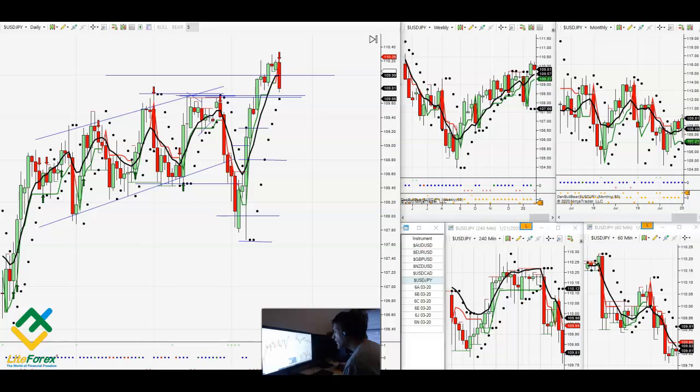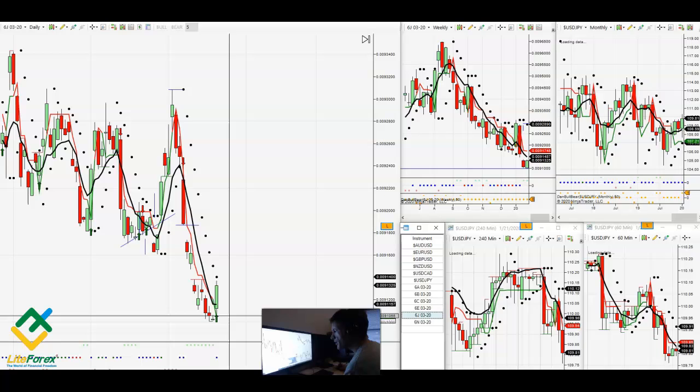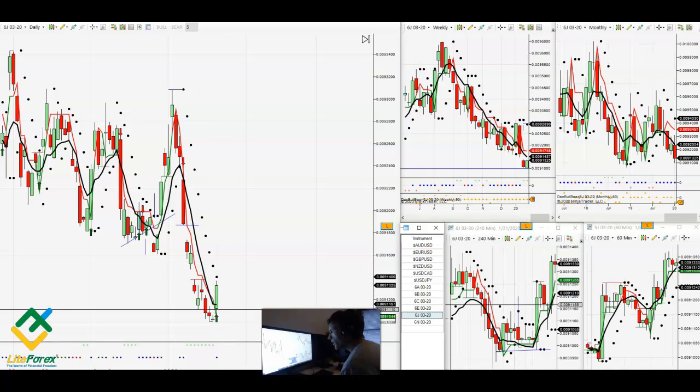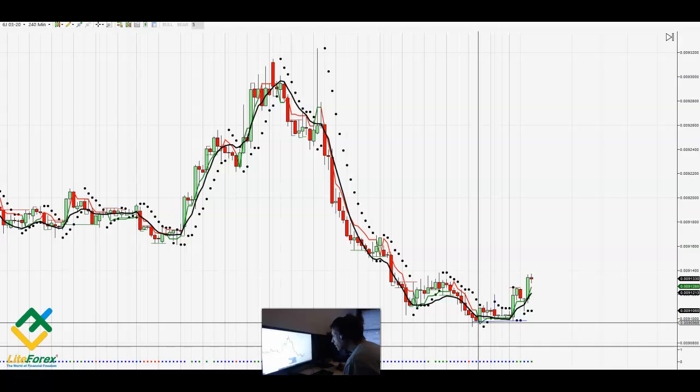But then I was pretty confident that price would drop. And it was mostly after I looked at the yen futures. To me, it looked like we would get this rebound, which we got today. And I talked about the support on the 240. You can see we had this support at 0.0090975.